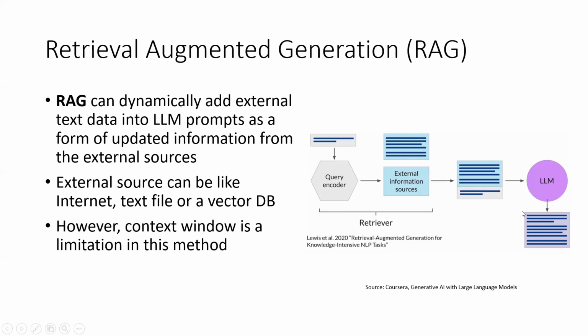But there's a limitation, because unlike fine tuning the LLM itself, with retrieval augmented generation the amount of information that you can add to your query is limited to the context window of the LLM.